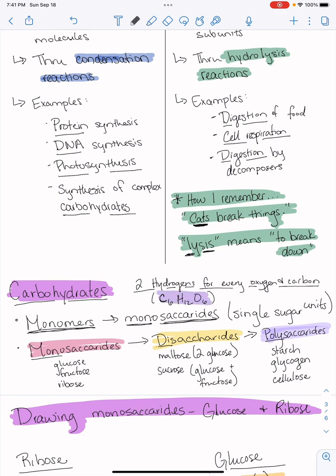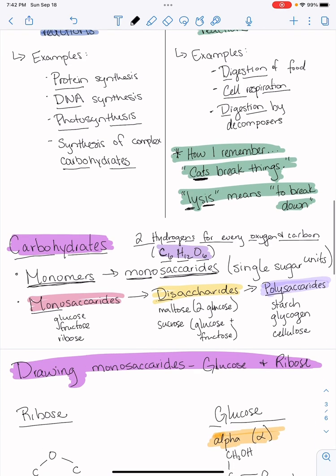So we have 6 carbons and 6 oxygens, and double that number of hydrogens. So generally carbohydrates have rings of carbons.